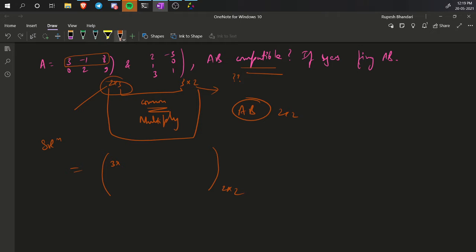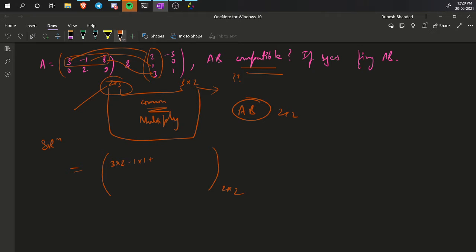That row basically multiplies the column, yeah. So this guy over here: 3 into 2 minus 1 into 1. And this multiplies that, so that multiplies the second element. That multiplies A13, so you can just say A3.